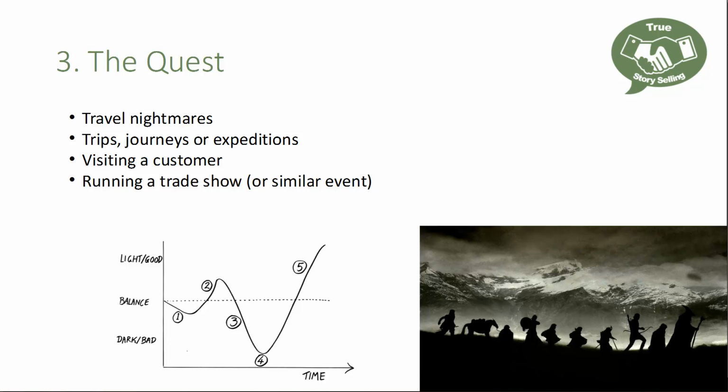So again, we have this sort of five-step development where we have the call in the beginning where the hobbits set out on the quest. They make good progress, then they get held up, then they have a final battle with Sauron, and eventually everything returns to its rightful state.